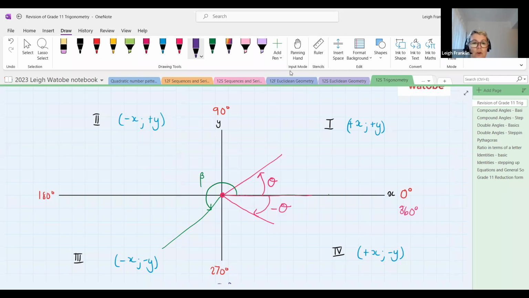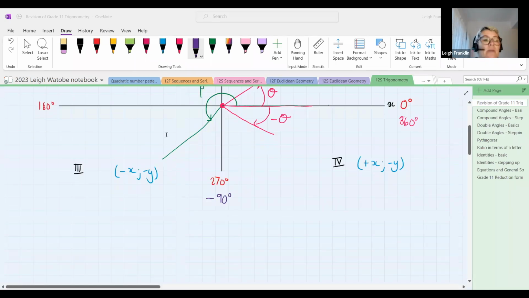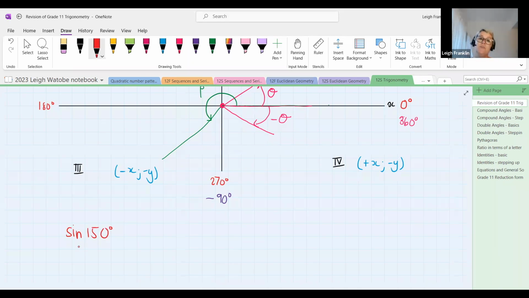All right. So this is stuff that hopefully we are all familiar with and we know. Okay. Let's jump into our reduction formulae. Okay. So when we are reducing, we're using a reduction formula to write any angle in terms of an acute angle. So for example, if I am talking about the sine of 150 degrees. 150 degrees is an obtuse angle. I can use reduction formulae to write sine 150 as an acute angle.